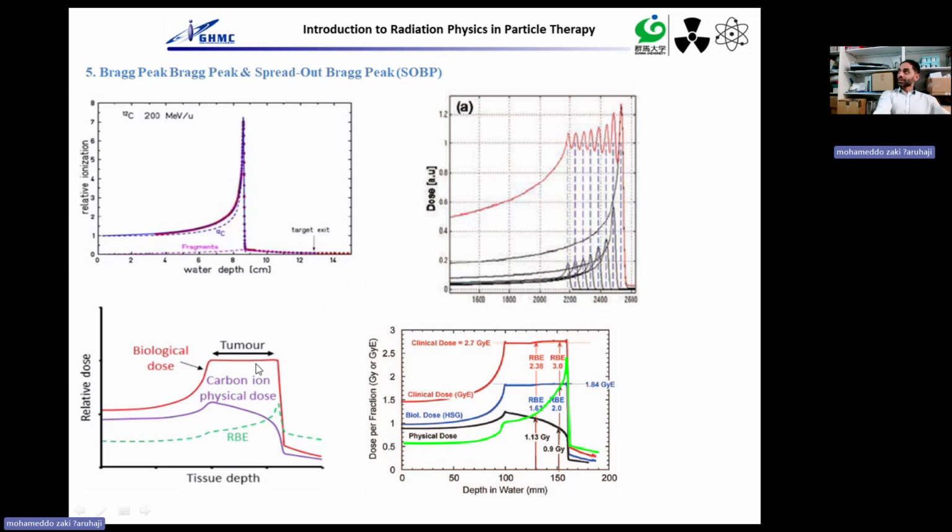one Bragg peak. Of course, this is the superposition of too many Bragg peaks. So this little increase is this one, the little one. Yeah, the little peak is that little one, the sum of the three.